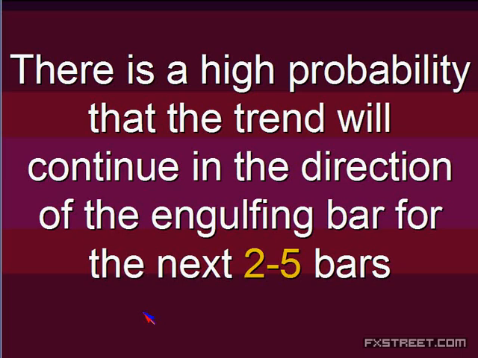This is not a trading room or chat room. This is something that the market tells you in a 2-bar pattern, that there's a very high probability the trend is going to continue in the direction of the engulfing bar for the next 2 to 5 bars. Now, if you're looking at a weekly bar, this could be for the next 2 to 5 weeks. If you're looking at a 5-minute bar, it could be for the next 10 to 20 minutes. But it's all relative to what time frame you're looking at.